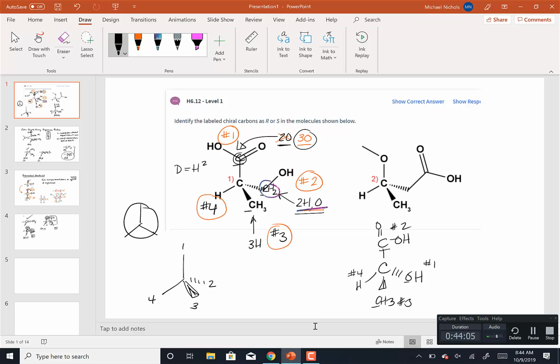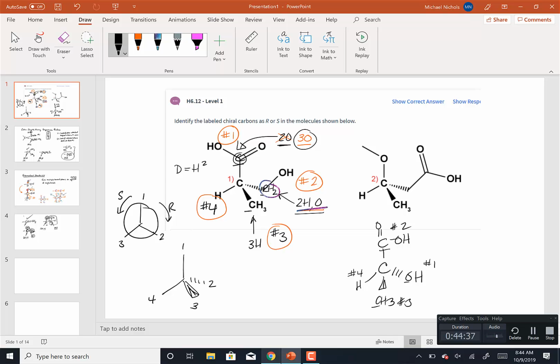They don't make steering wheels like this anymore, right? They don't make them with the three spokes, and they don't make them with the shaft that you can visibly see. But that's the steering wheel model. So my 4th priority group has got to be pointing away from me. Then if my 1, 2, and 3 groups go clockwise, it would be R, and if they go counterclockwise, it's S.